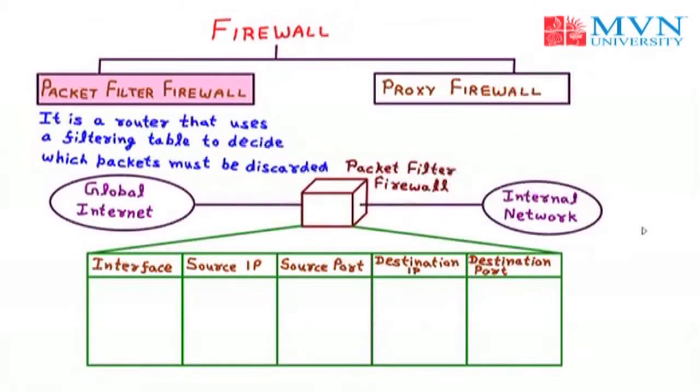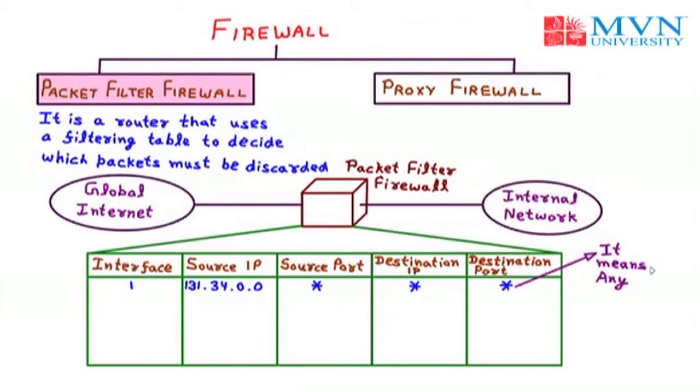So we have 5 fields in the table. Let us suppose we have the first entry as interface 1, source IP maybe 131.24.0.0, and for the rest of the entries we have a star. The star, or asterisk, signifies that we can put any entry.